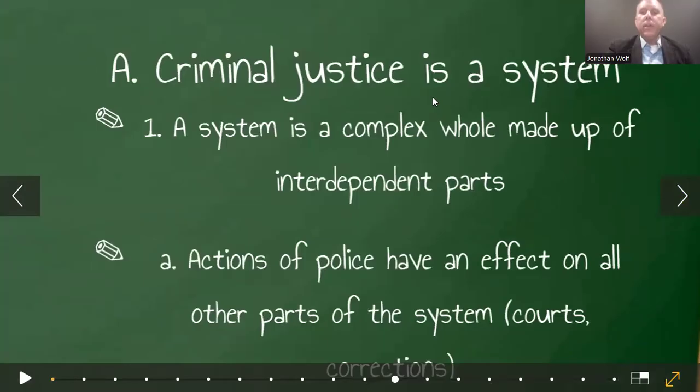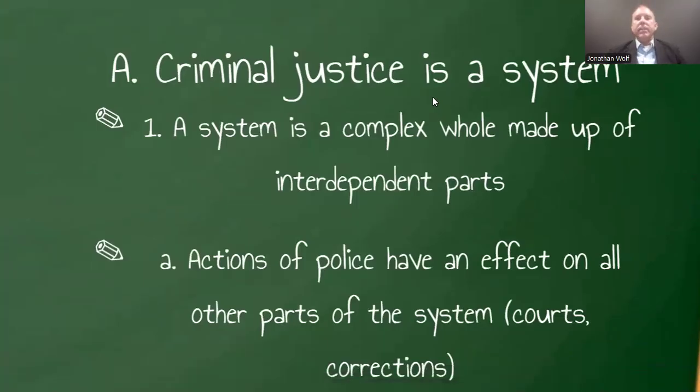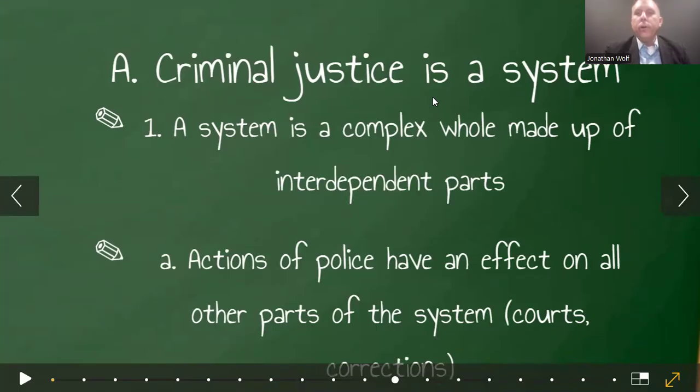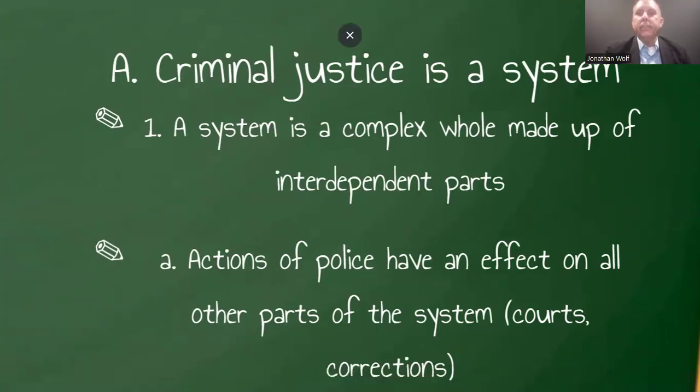The next thing we'll talk about is that criminal justice is a system. And what do I mean by that? So the criminal justice system, says here, number one, is a complex whole made up of interdependent parts: police, courts, corrections.